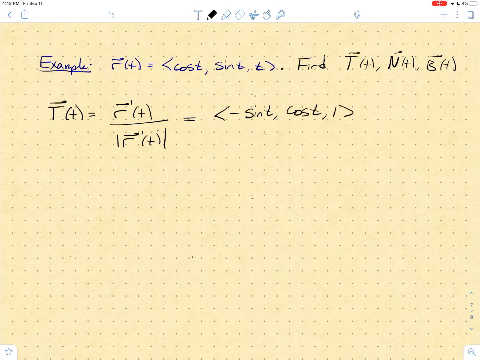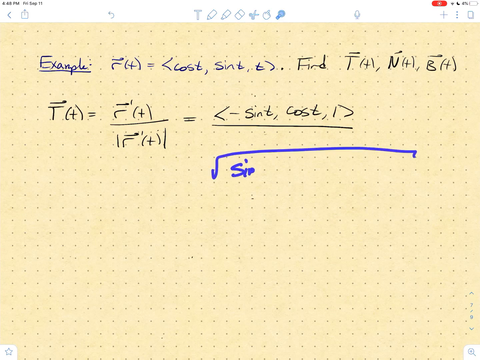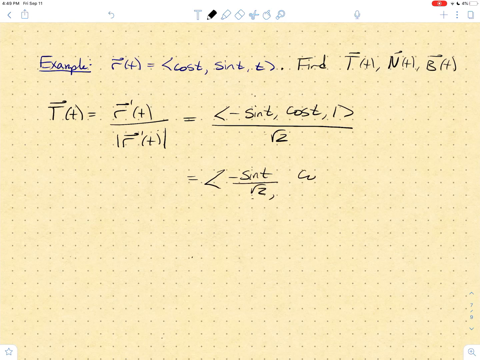When I want to compute its length, we're going to get sine squared t plus cosine squared t plus 1. This is 1, so I'm going to get root 2. So divide by root 2, and you end up with minus sine of t over root 2, cosine of t over root 2, and 1 over root 2. So that's the unit tangent vector.